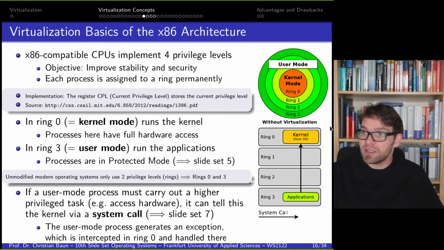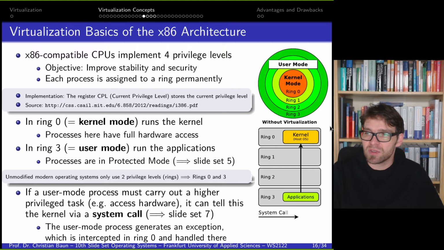Yeah, and here we have one link to an important topic we discussed: it's protected mode. You remember from slide set 5 maybe. Back in those days when we talked about user mode and kernel mode, we also talked about why modern operating systems usually only implement support for 2 privilege levels.